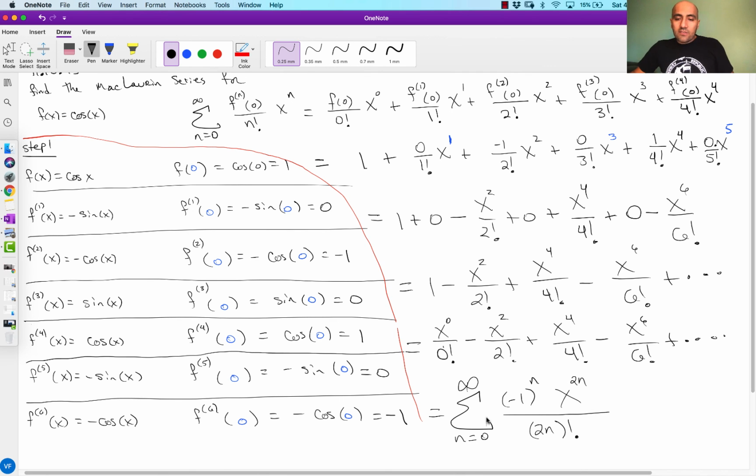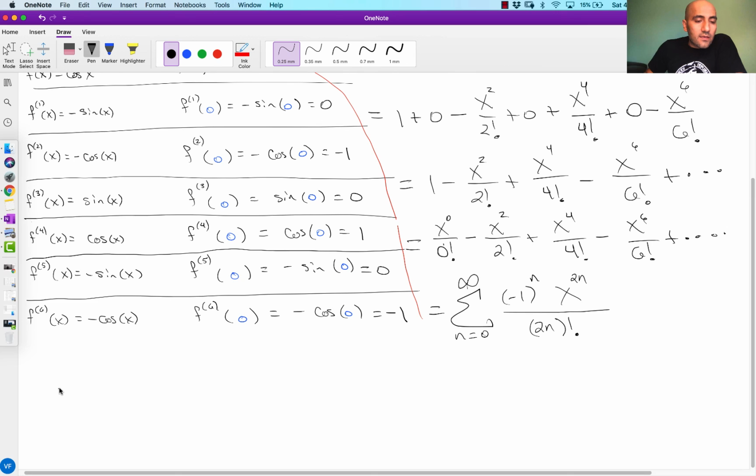So now that we kind of guessed what it is, we can just kind of expand it out a little bit and make sure that in fact we're getting this pattern out of this, right? So try a few of these guys. Okay, so what did we get? All of this tells us that f of x, which is equal to cosine of x, has a Taylor series representation given by this.